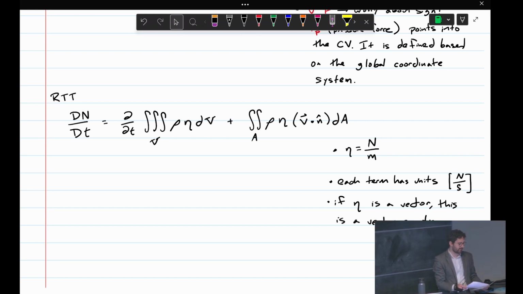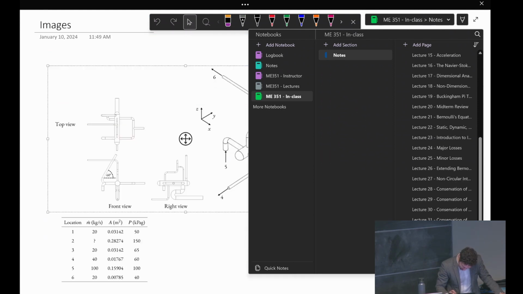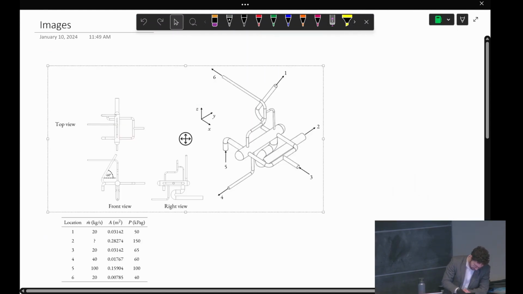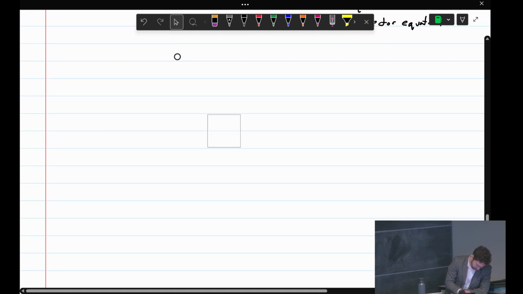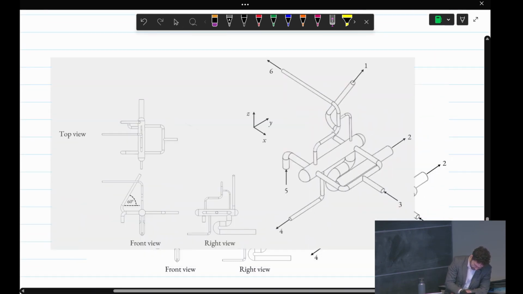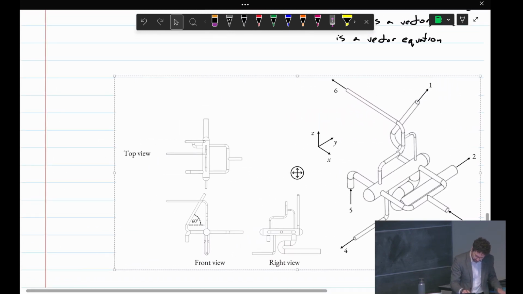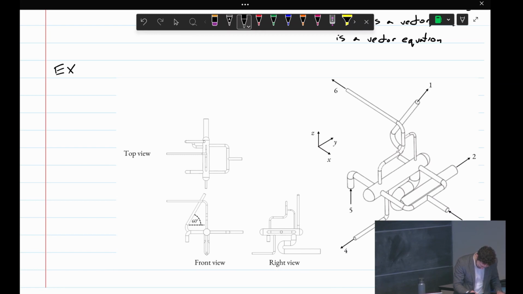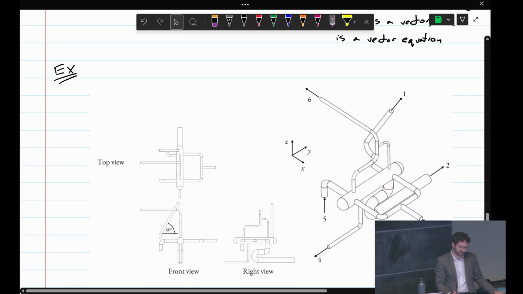So I'll go through the setup of the solution for tutorial 10. This is basically a piping system with a whole bunch of inlets and outlets.